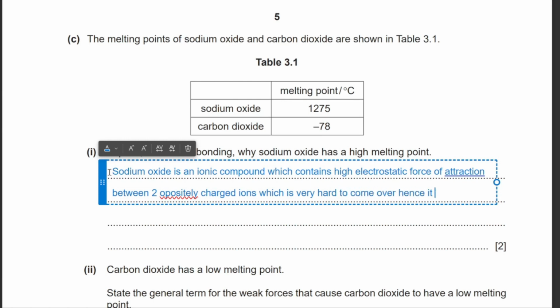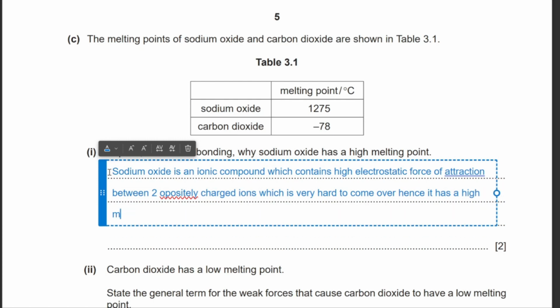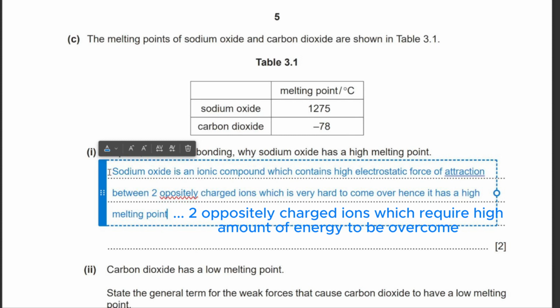Hence, it has a high melting point. Alright everybody, as you can see here, I added an additional line, and this one aligns with the marking scheme more, so it would be better to write two oppositely charged ions which require high amount of energy to be overcome. That describes the higher melting point even better than the previous lines.